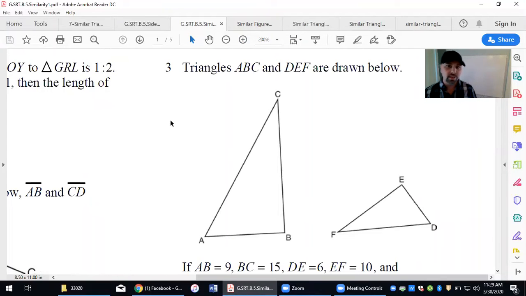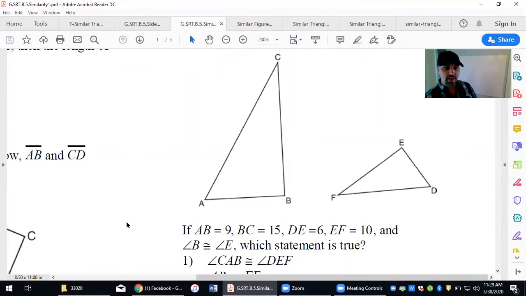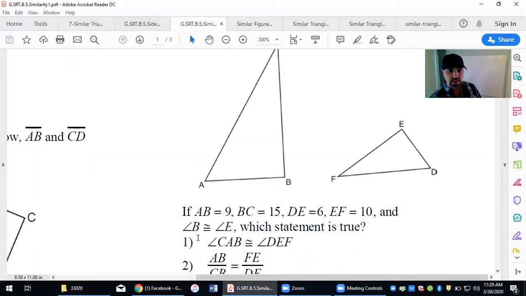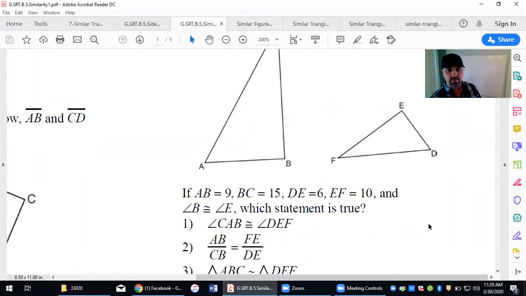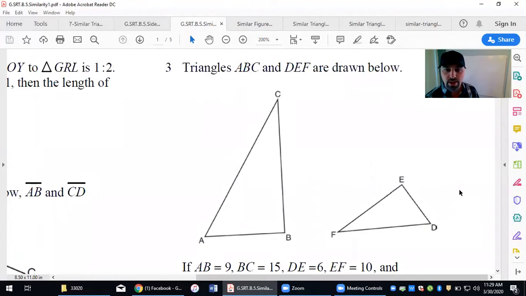It says triangles ABC and DEF are drawn below. Okay, it says if AB is 9, BC is 15, DE is 6, EF is 10, and the angle B is equal to the angle E, which statement is true? Okay, well, regardless, we're not going to do that one.